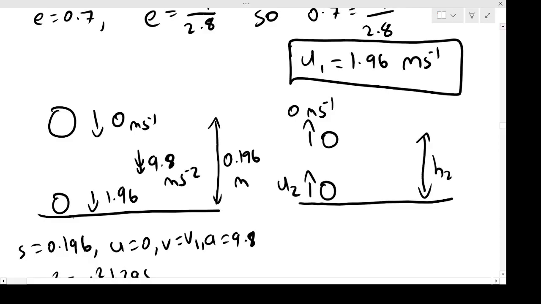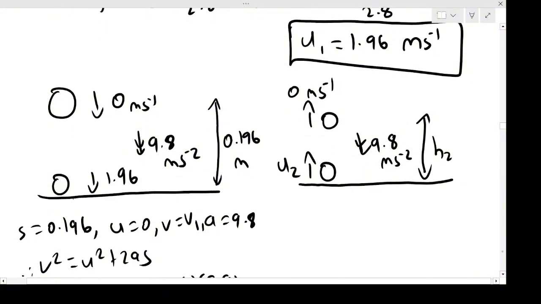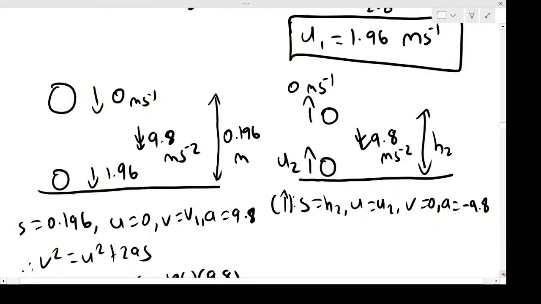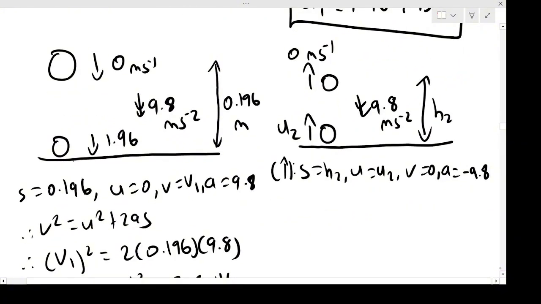Again, acceleration is 9.8. So now, if I use SUVAT here, S is h2, U is u2, V is 0, and A is going to be minus 9.8, because again we're going upwards as positive, so the downward direction is negative. But of course, we're going to need to work out u2, this initial speed here.